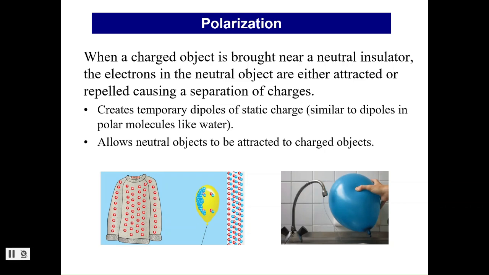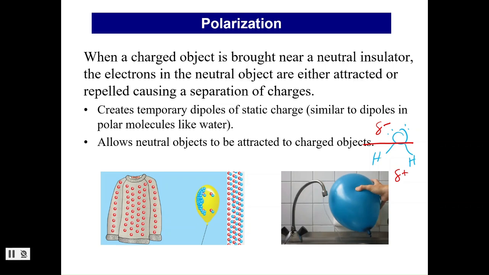Now, you might have heard the word polarized before. If we take a look at a water molecule, you've got your oxygen and your hydrogens. They're in a tetrahedral format. If you were to draw a line across that tetrahedral structure, the electron pairs on the one side create a partial negative charge on the oxygen, leaving the hydrogens as partial positive, because those electrons are built into that bond right there.